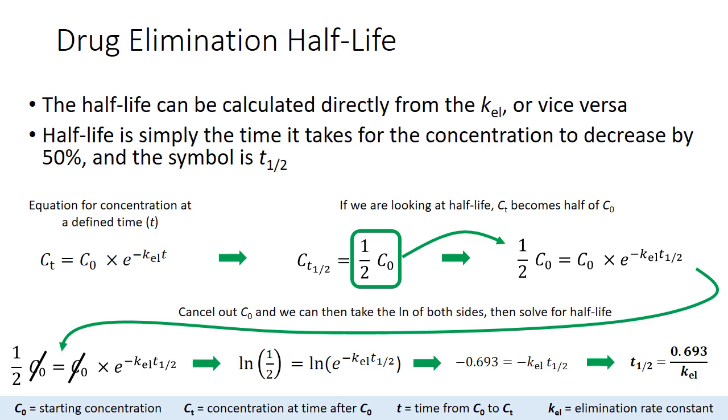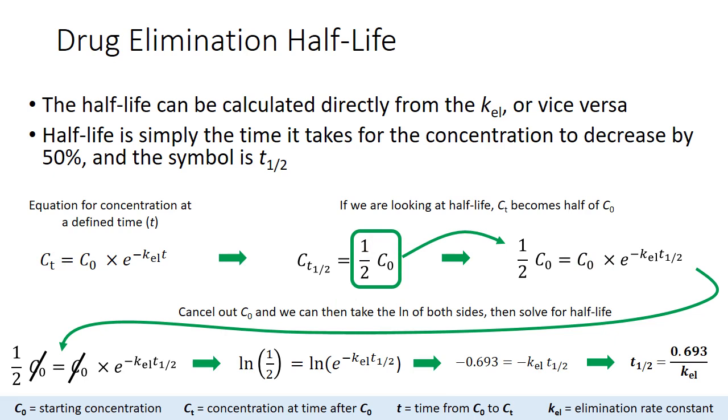If we wanted to know the half-life, we can put in here for CT the concentration that is half of the concentration at 0 minutes. By definition, that's the half-life: how long it takes to get to 50% lower in concentration. So we substitute 1/2 C0 into the left side of this equation. What we get is 1/2 C0 equals C0 times e to the negative KEL T1/2.